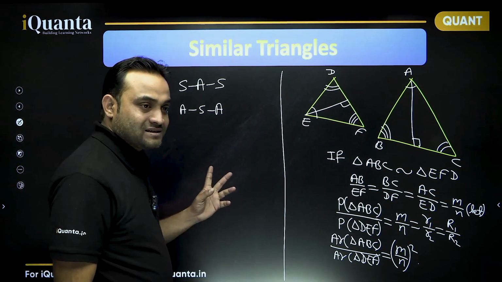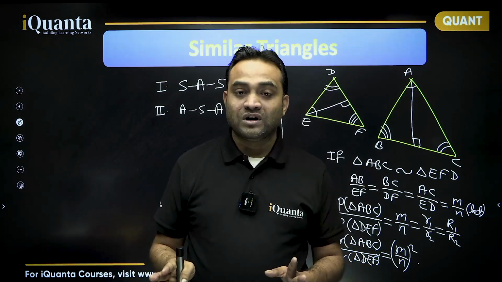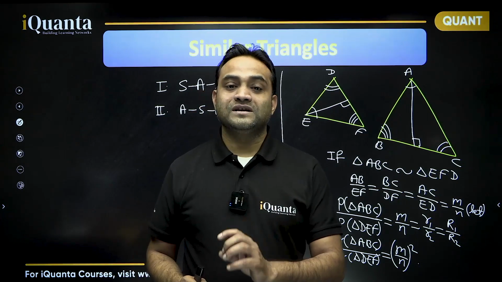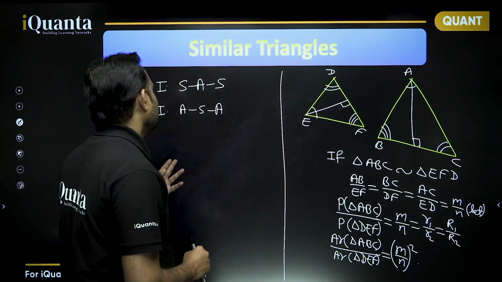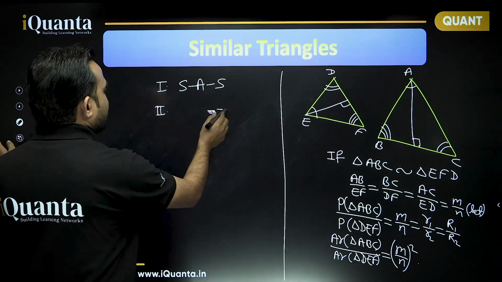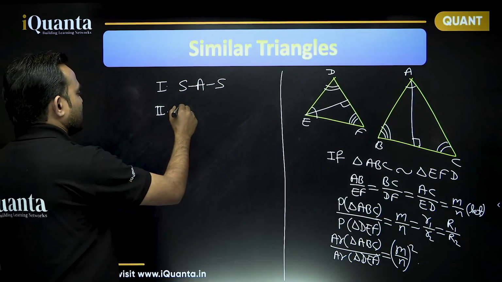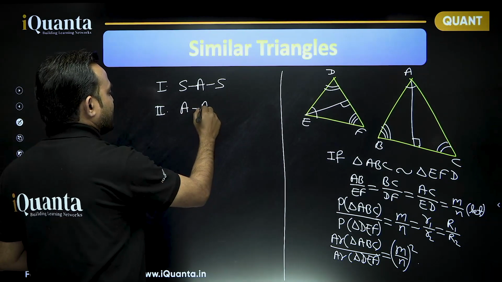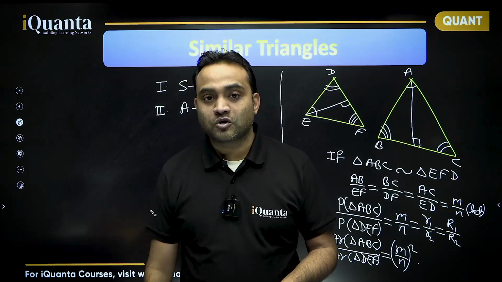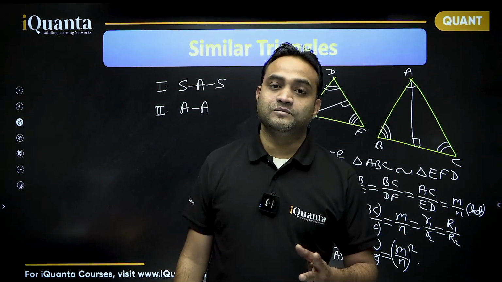In this case, two angles are equal. If any two angles are equal, then the third angle will automatically be equal. In that case, the triangles will be similar.